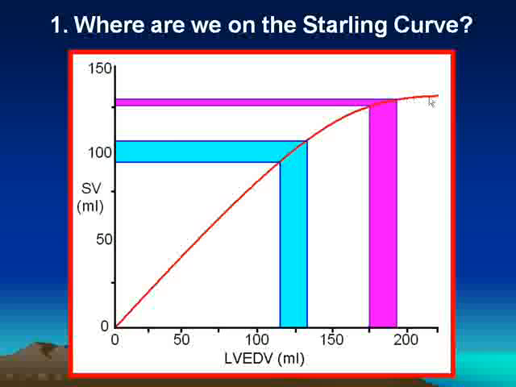Now, if we carry this further and we go to the apex of the Starling curve, then an increase in preload will produce no increase in stroke volume. And as we've seen, if we carry on further, we may even see a decrease in stroke volume as we move to the right side of the curve. So that's one explanation for volume responsiveness. But there's another and perhaps much more important answer.